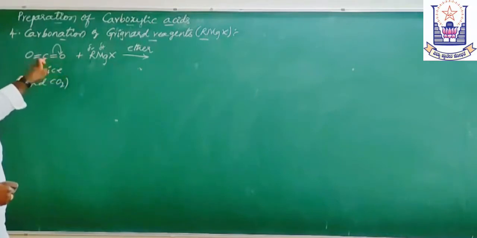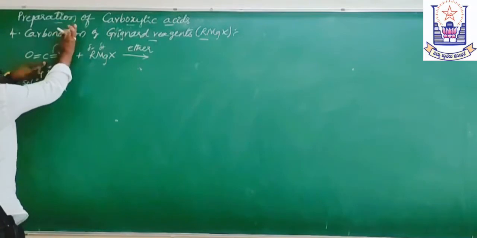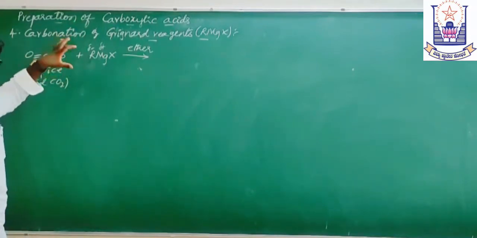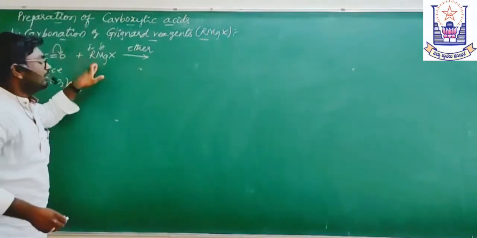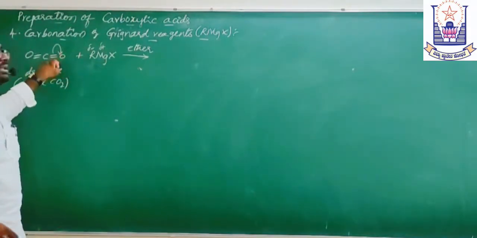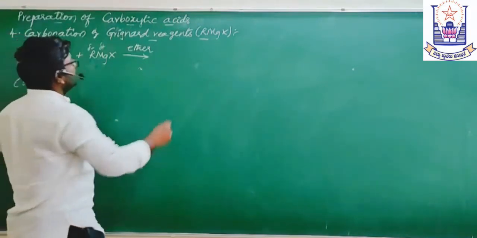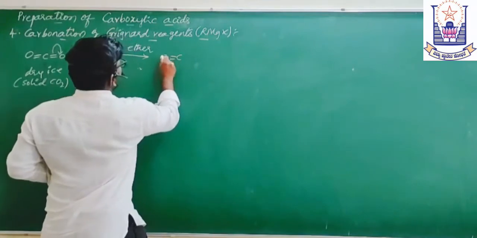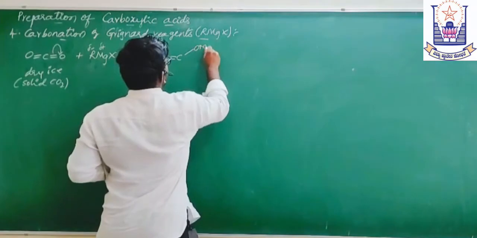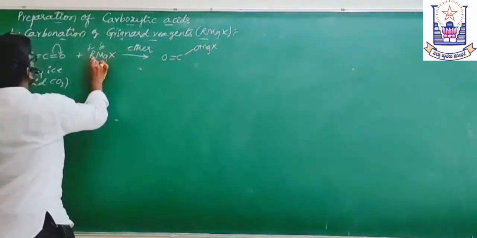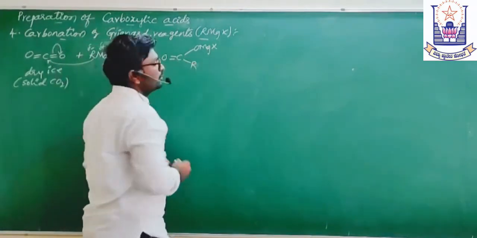It will become O minus, and the carbon plus. When you take only carbon dioxide, it is non-polar, but when Grignard reagent is added, polarity is produced. So one C double bond O will remain as it is, this O minus will take up the MgX, and this R connects to that carbon. So you will get R C double bond O like this.